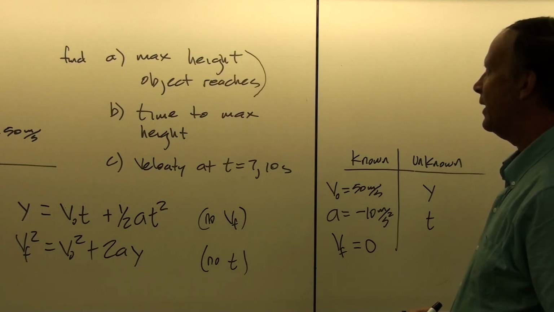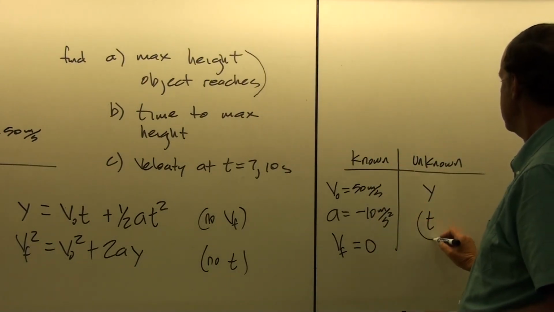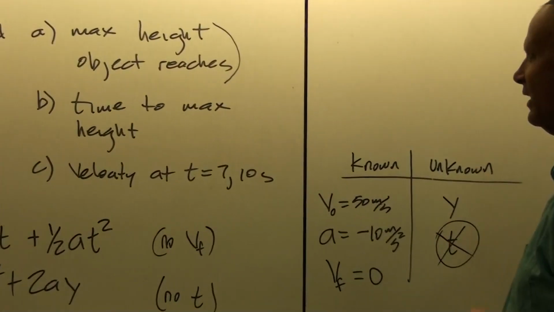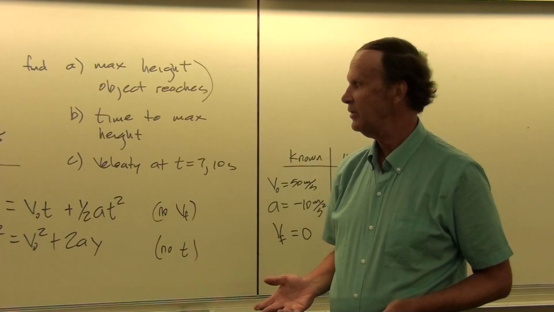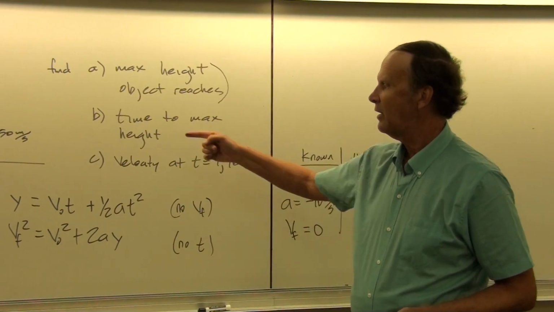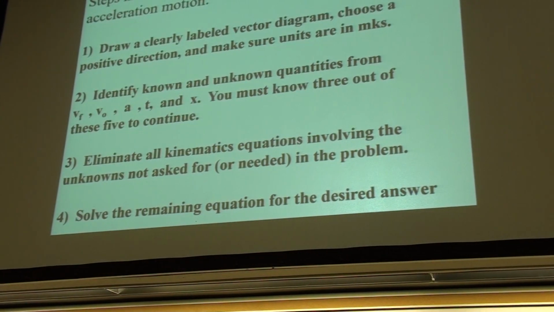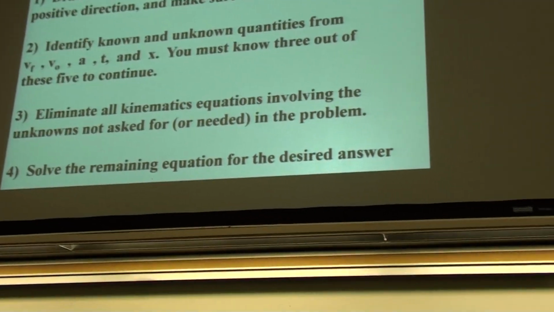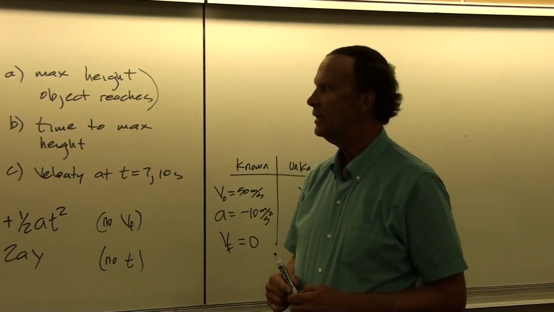Okay, and so what I want to do next, since we're asked for the maximum height, is get rid of all of the equations involving the t. That's again step 3. In step 3, you get rid of all of the kinematics equations that involve the unknown that's not asked for. The unknown, in this case, that's not asked for in part A is t.